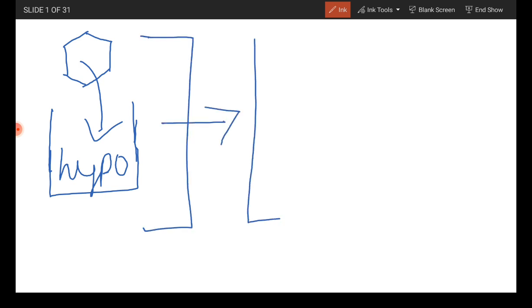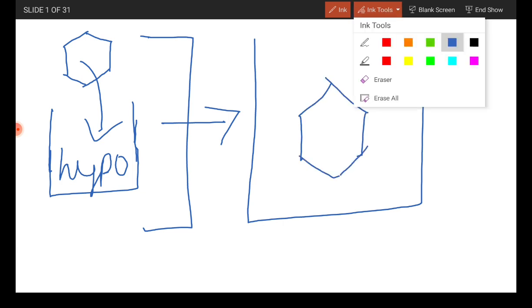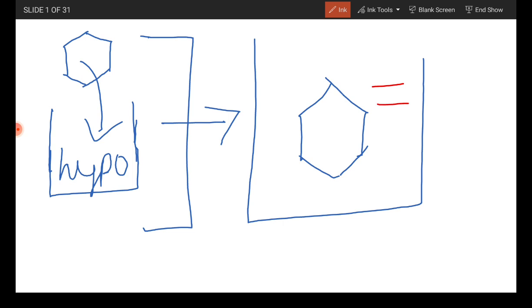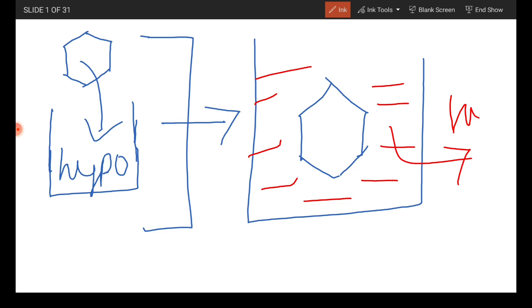Let's place a plant cell, and assume this is a hypotonic solution. Water will enter into the cell protoplast and the cell becomes turgid.